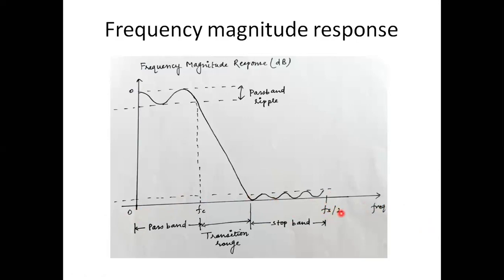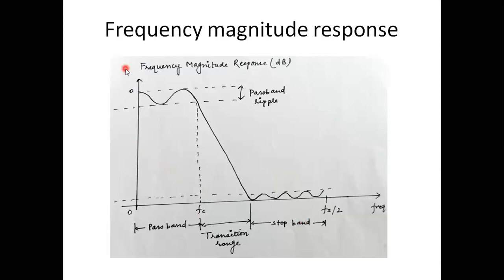Usually the passband frequency will be the cutoff frequency, or we can have the cutoff frequency nearby between the transition region. So from 0 to this cutoff frequency will be your passband. From this point to this point is called the transition region, and from this point to the maximum is called the stop band region.